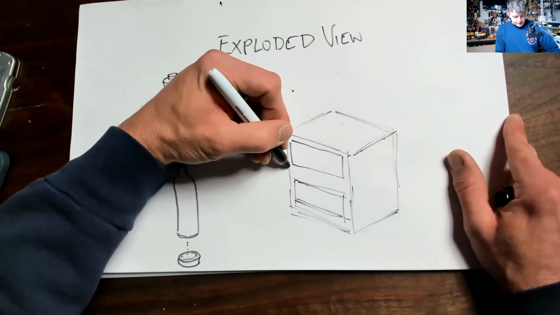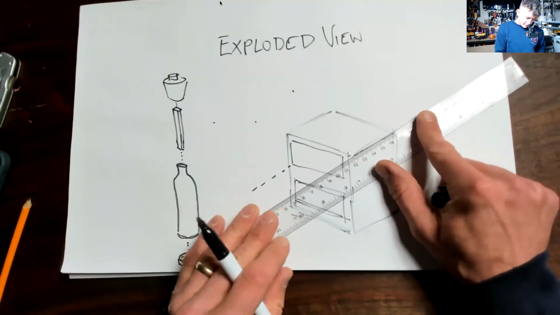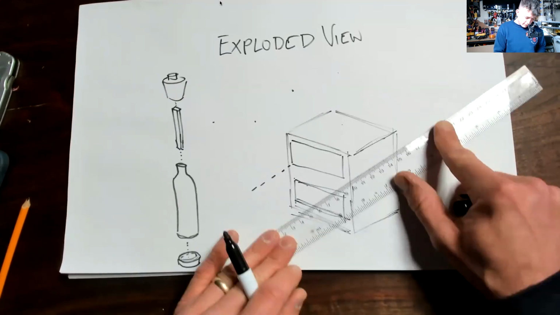And so you might come out like this with dotted lines on the same angle that the 30 degrees are here.